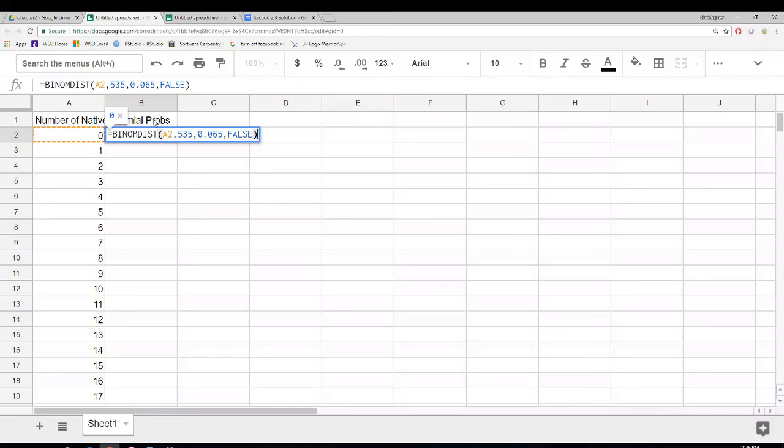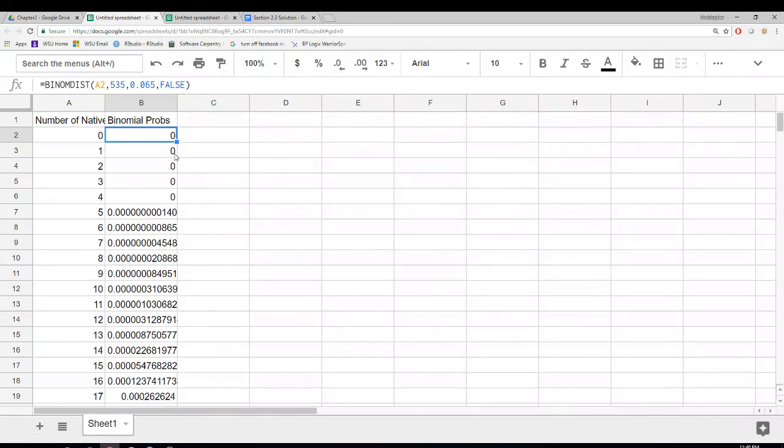So BINOM.DIST A2, 535 is the number of trials, 0.065 is going to be my parameter setting here, and that last quantity is always false. Now it returned a value of 0 there, and that's actually correct. It's just a very, very small chance that I would not see any Native Americans being paroled.